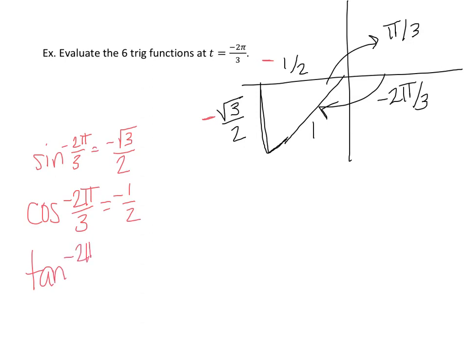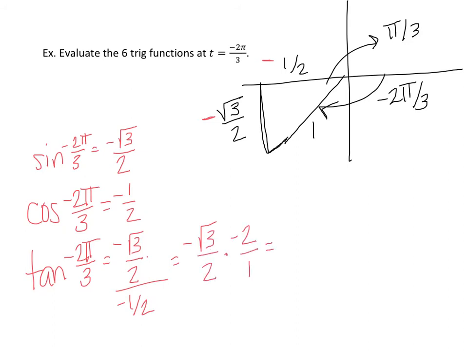Tangent of negative 2 pi over 3 would be opposite, negative radical 3 over 2, over adjacent, negative 1/2. Got to multiply by the reciprocal here, negative radical 3 over 2 times negative 2 over 1. So that's a positive radical 3.